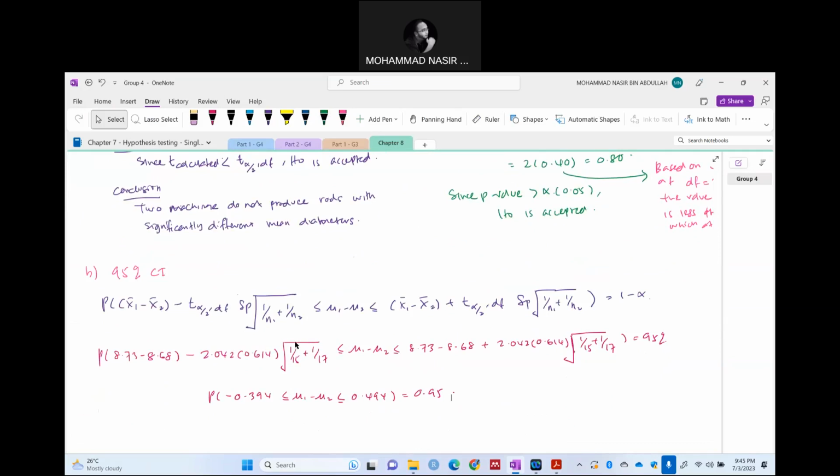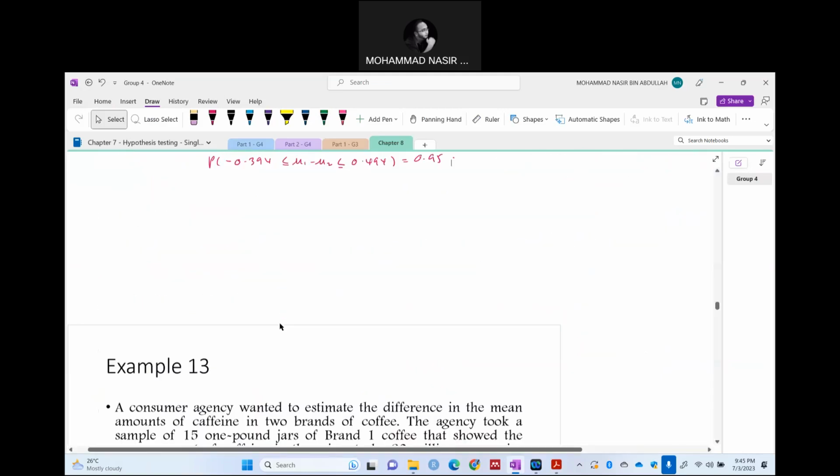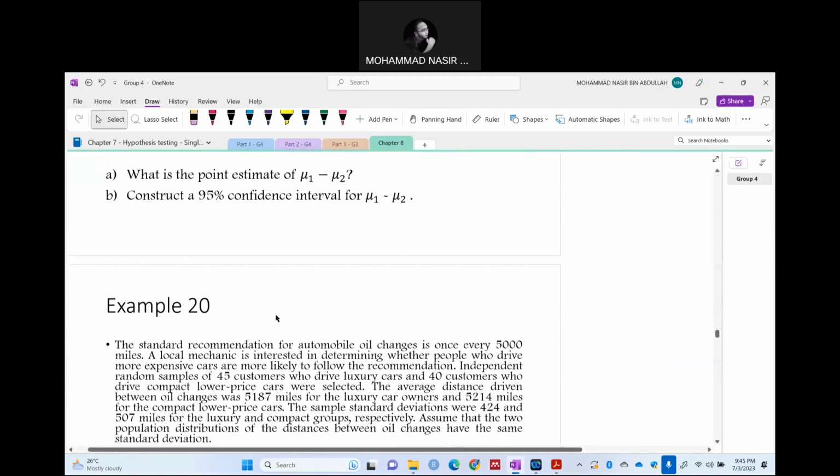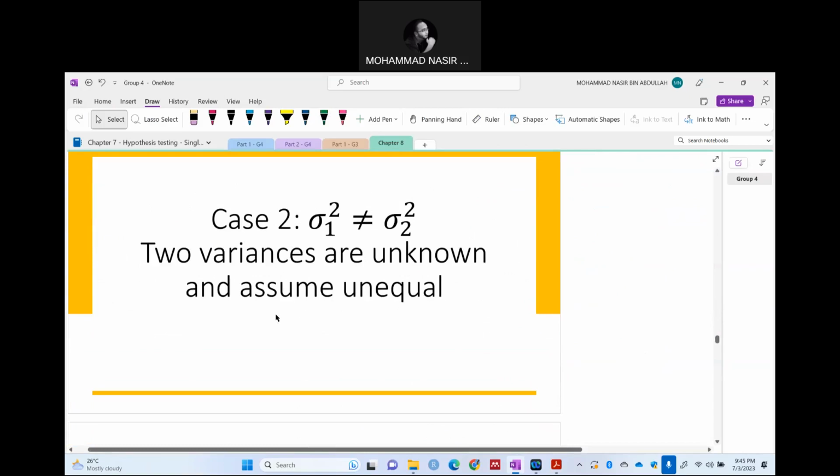So we will continue tomorrow, because there is not much time, 15 minutes is not enough. Tomorrow we will look into population variance unknown, but we assume unequal.